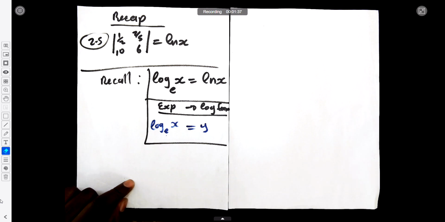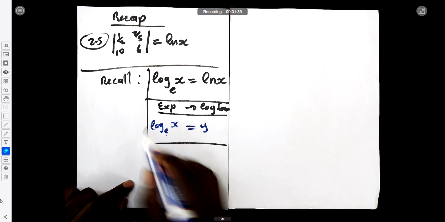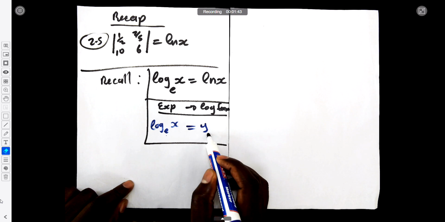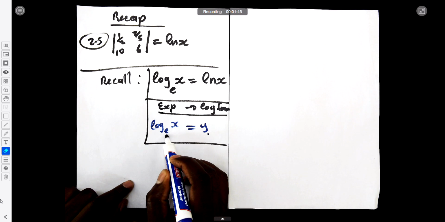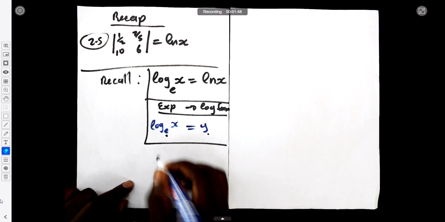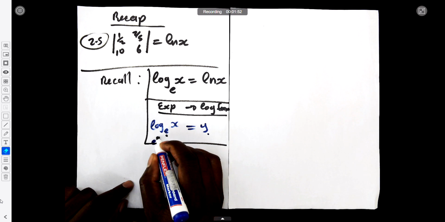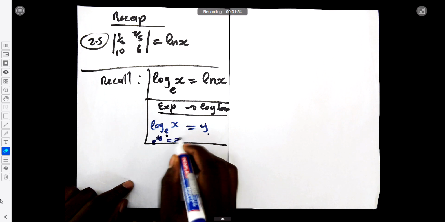And always note that the logarithm is always equal to the exponent. So this is our exponent, this is the base. That is the key part. So when I change, I'll have e to the power of y equals x.